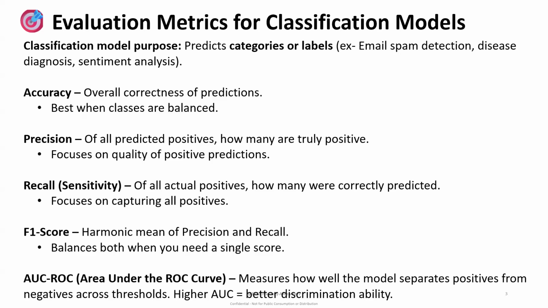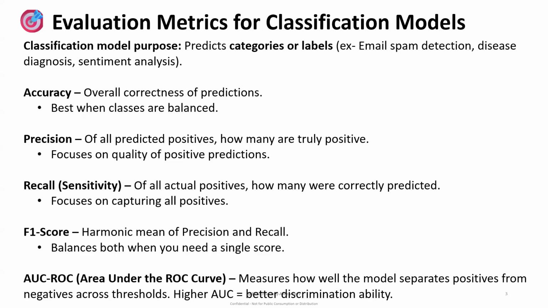Recall, also called sensitivity, asks: of all actual positives, how many were correctly predicted? It focuses only on actual positives. That means of all the real yes cases, how many did I find? Another is F1 score, the harmonic mean of precision and recall.